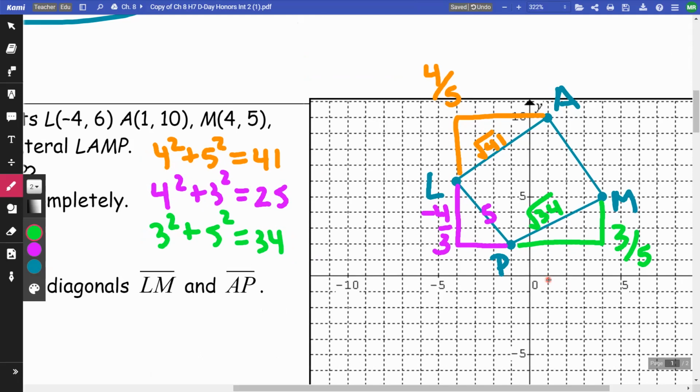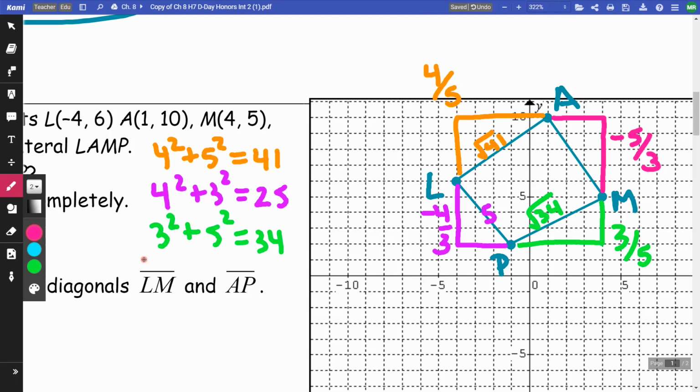So the next one, let's see. I am going to find this. And so 1, 2, 3, 1, 2, 3, 4, 5. So this is going to be a negative, get the negative in front, a negative 5/3.